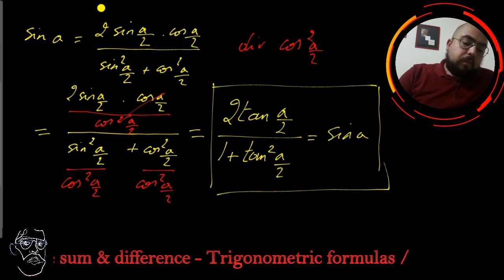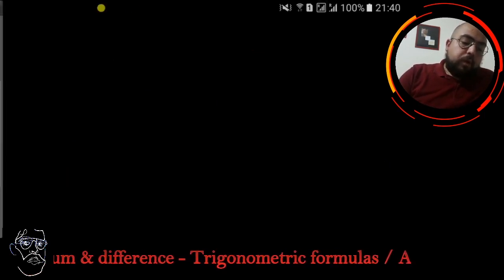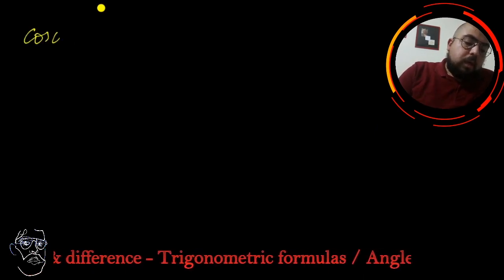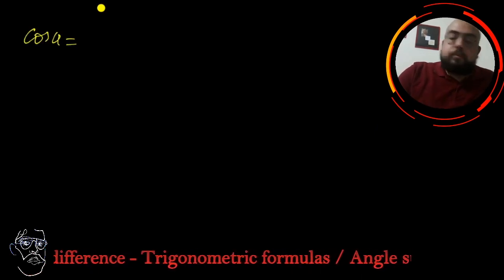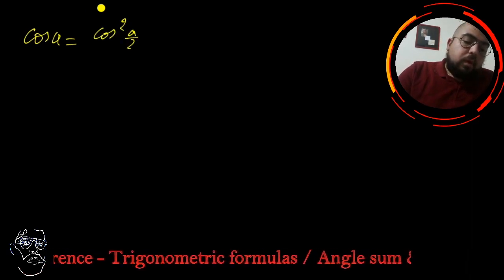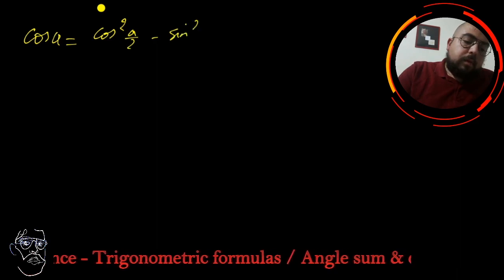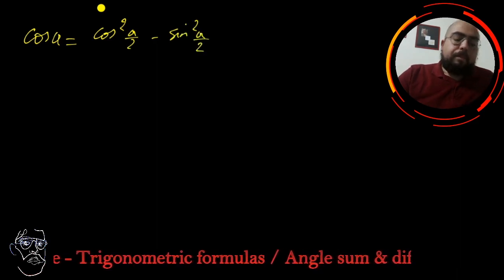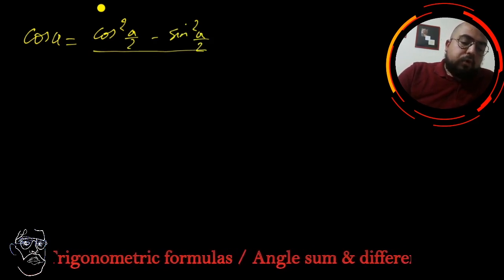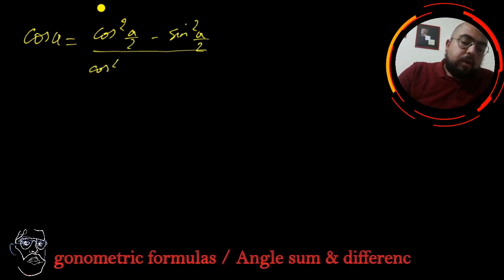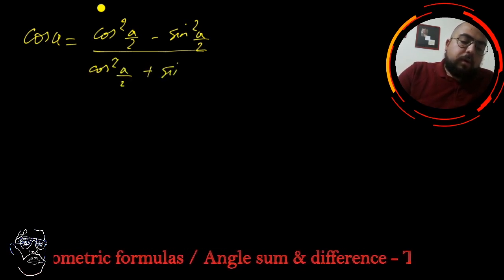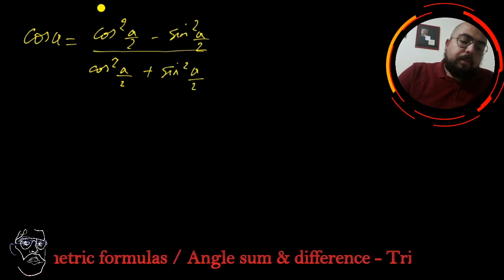One more time, the last one will be with cosine. So we had cosine a is equal to cosine squared a over 2 minus sine squared a over 2. Again, I will divide by 1, and 1 is actually cosine squared a over 2 plus sine squared a over 2.